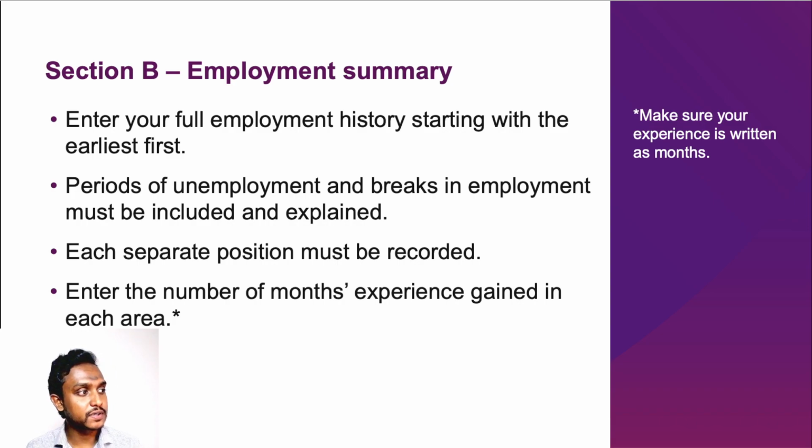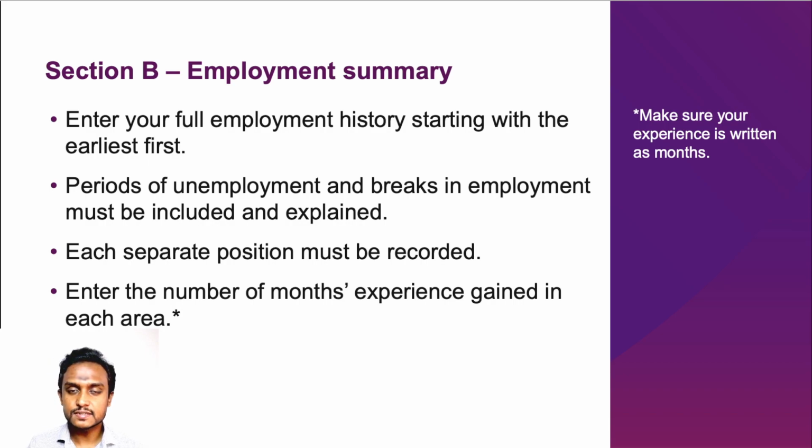That is very important. Each separate position in the same company, if you have held multiple positions, individually each of those positions must be explained. And you have to enter the number of months of experience gained in each area. This is a very important point that I want to highlight.